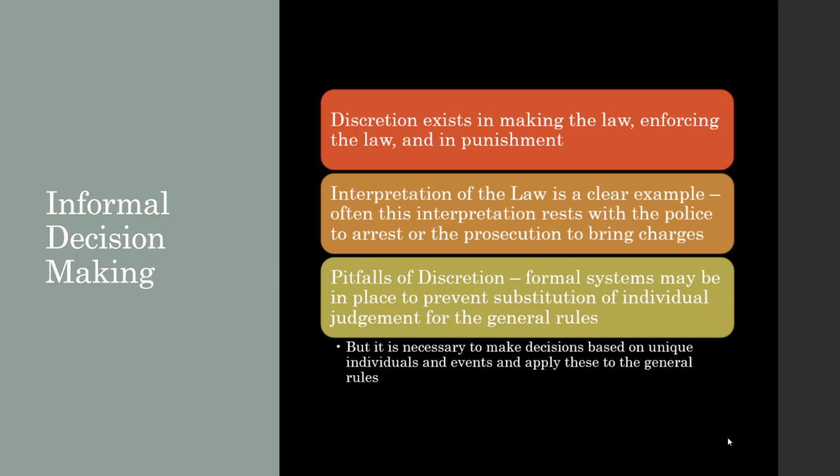Let's go back to that blue and blue-colored graph I showed you. Should we interpret the failure to pay overtime when the overtime was worked as a theft? Well, we don't, right? So there can be a pitfall here. Formal systems may be in place to prevent a substitution of an individual's judgment for a general rule. But any system has to allow for some discretion. You can push discretion out of one area, it's going to go someplace else because we're not robots.